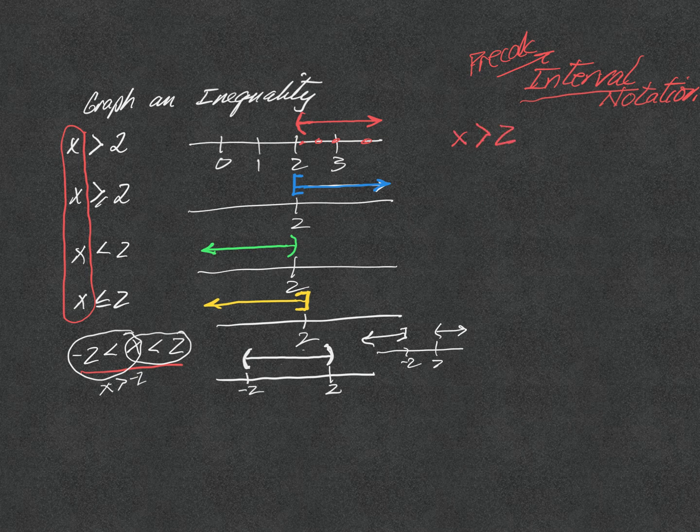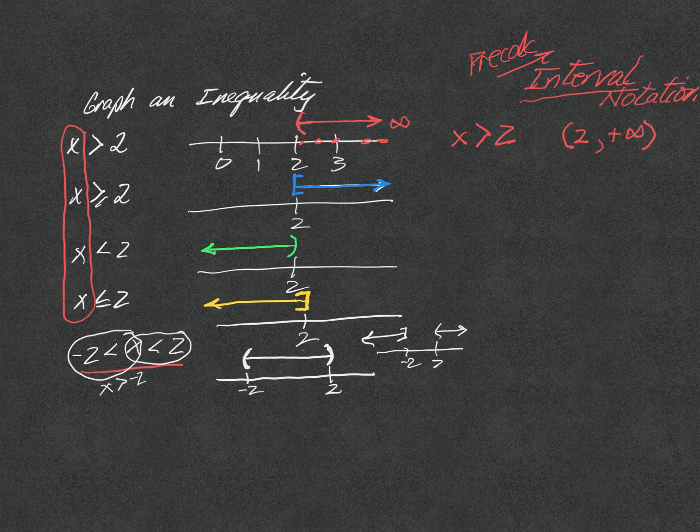On the number line, I have a parenthesis on 2 because 2 is the smallest number in the interval. So what's the largest number in the interval? This arrow indicates it goes on forever in the direction of positive infinity. You can never equal that, so that's always an open parenthesis.